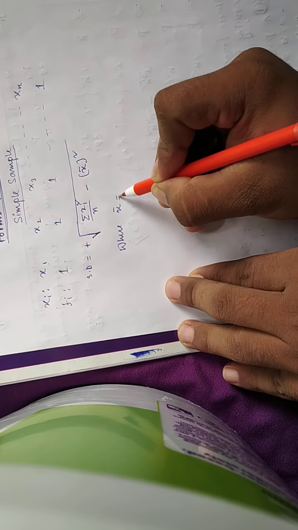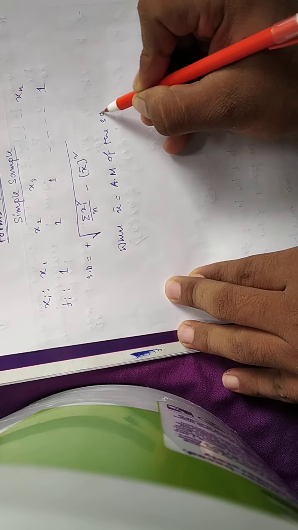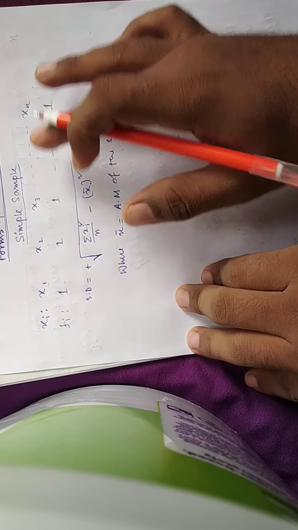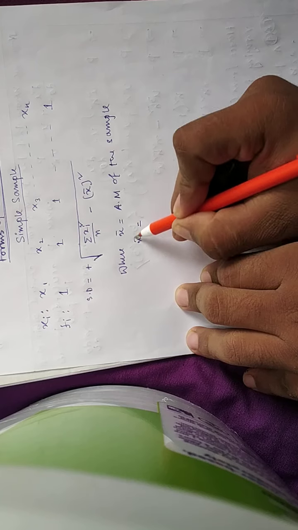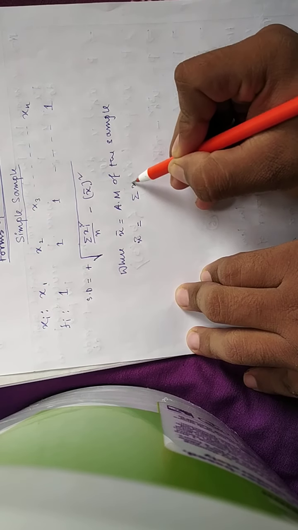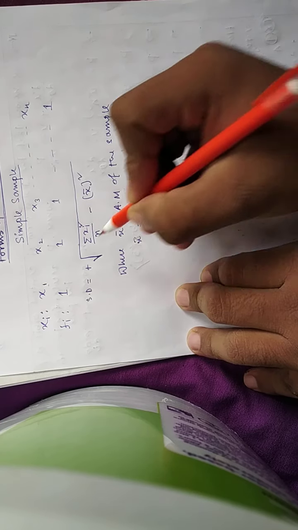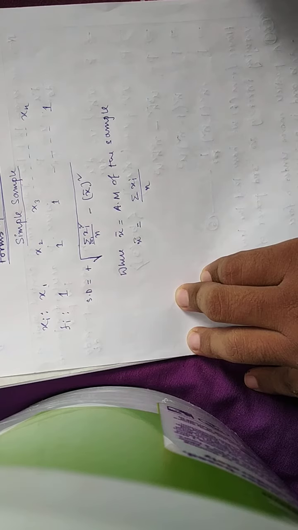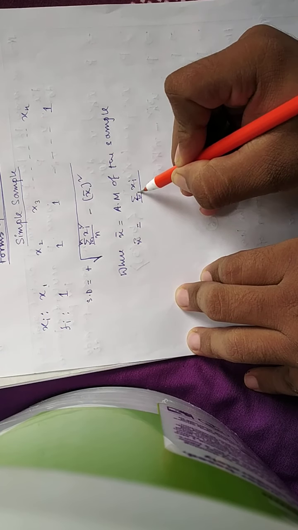x bar is equal to the arithmetic mean of the sample, and as the sample is a simple sample in this case, the arithmetic mean x bar is equal to summation of xi by n. Obviously the summation runs from i equal to 1 to n.